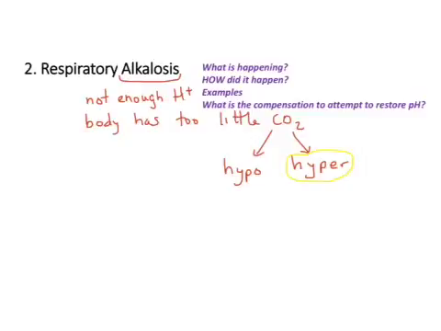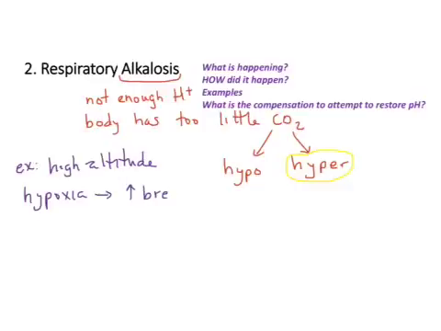I'll explain to you a classic example of how this occurs, and the example consists of going to high altitude. I mentioned this before. As we go to high altitude, we experience hypoxia because the PO2 of oxygen is less. So the hypoxia causes an increase in breathing. And this increase in breathing is associated in a healthy person with an increase in ventilation.